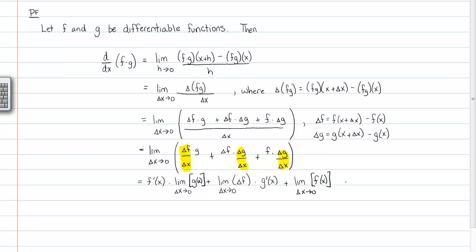Times, of course, the limit as delta x approaches 0. That highlighted bit is just g prime of x.